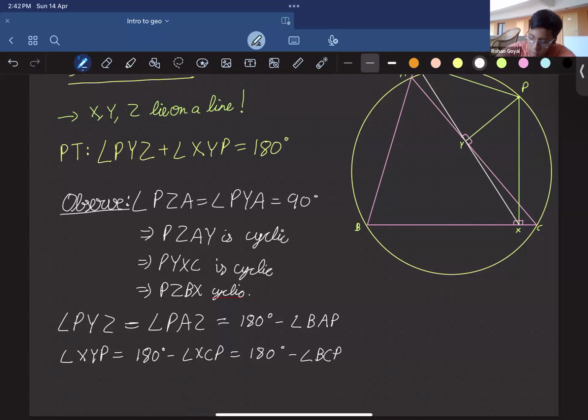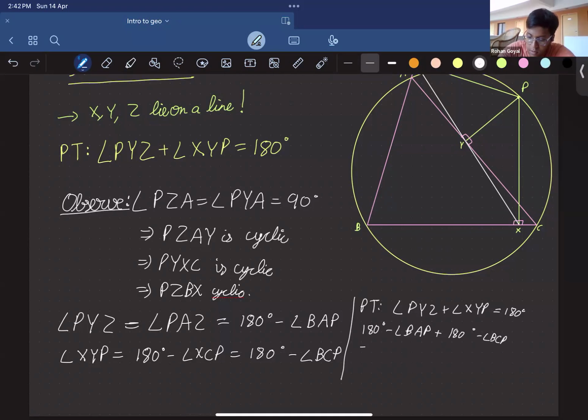So what do we want to prove now? Prove that angle PYZ plus angle XYP equals 180 degrees. This is what we wanted to prove. But we have that PYZ is just 180 degrees minus BAP, plus 180 degrees minus angle BCP.